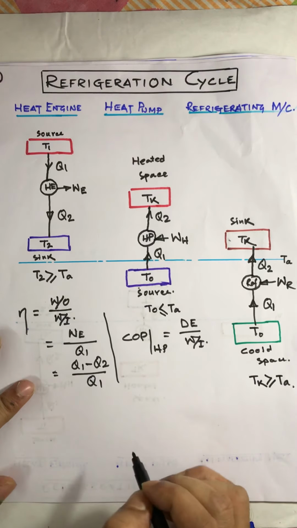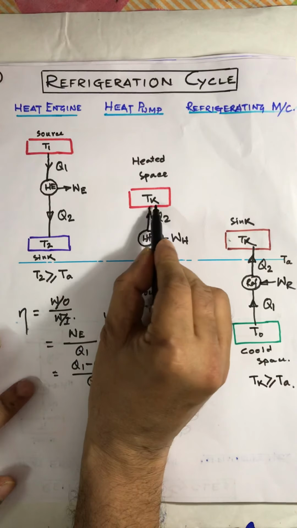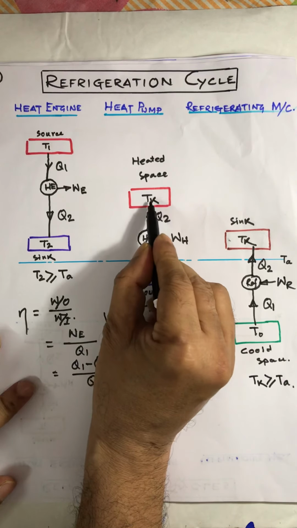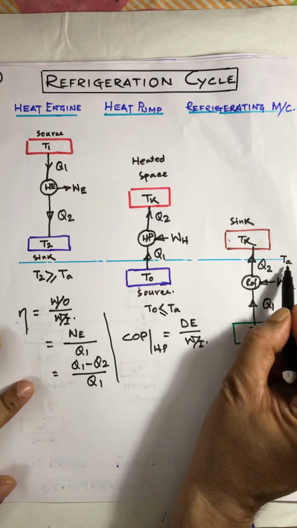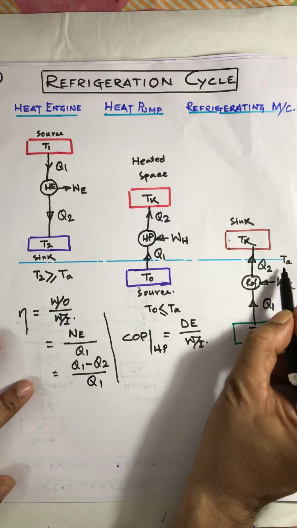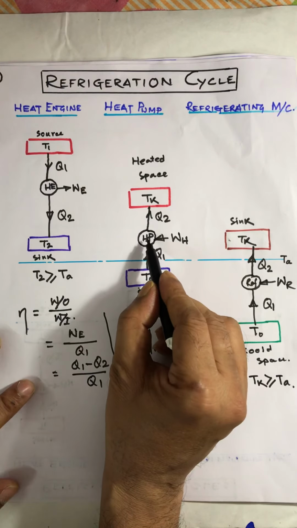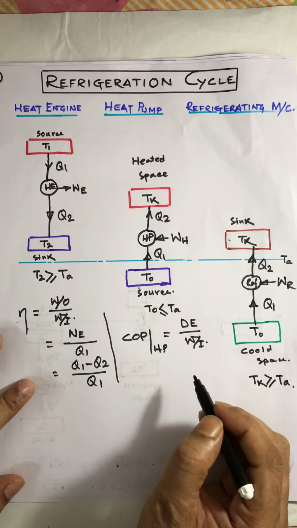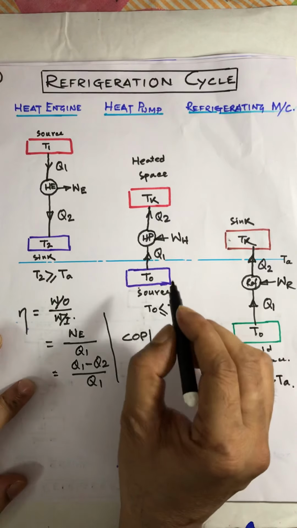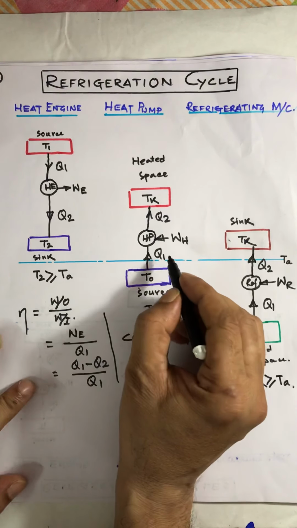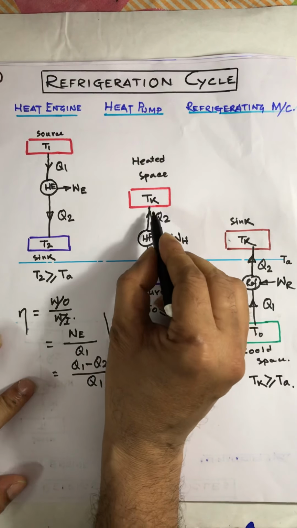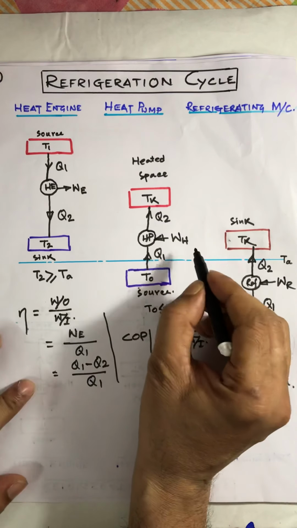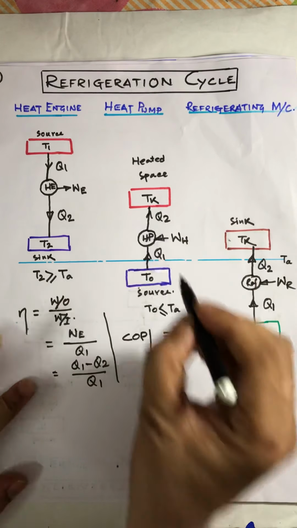For that particular case, we have to maintain the temperature of this particular space Tk, which is greater than the atmospheric temperature, and that is why we have to supply the heat at the rate of Q2, because we assume that some heat will be utilized for some purpose or leak from the system at the same rate, that is Q2.